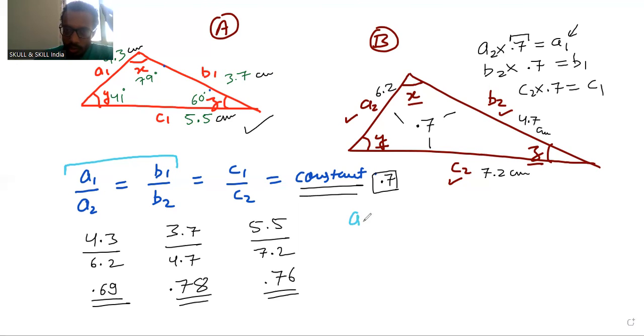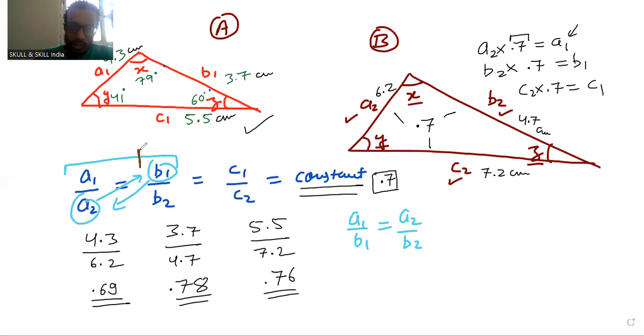Look very carefully: A1 upon B1 is equal to A2 upon B2. All I did was move it over here and move that over there. Can I do that? Yes, you can. And what I wrote, is it correct? Yes, it is.